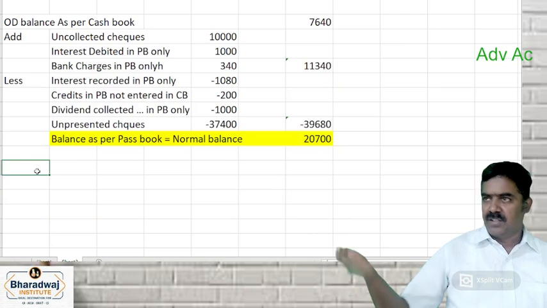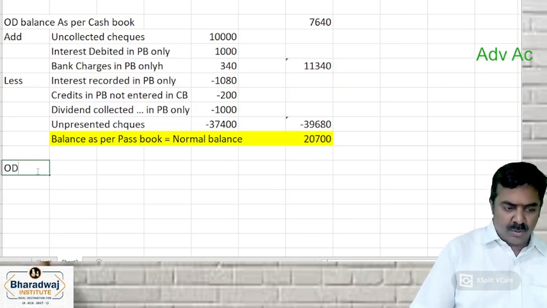Take up this question. This is for our preparation. OD as per cash book.